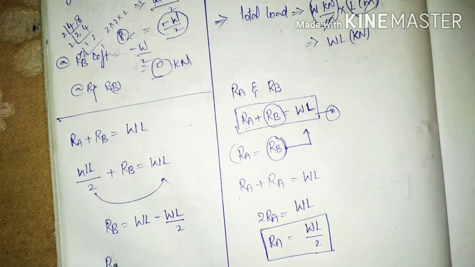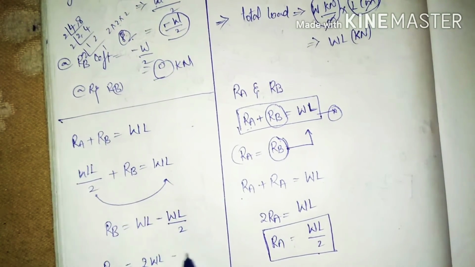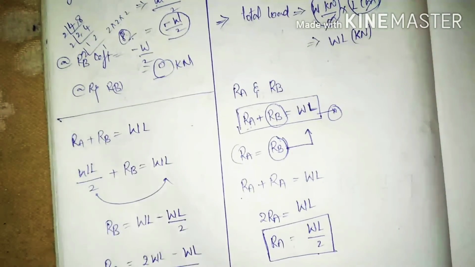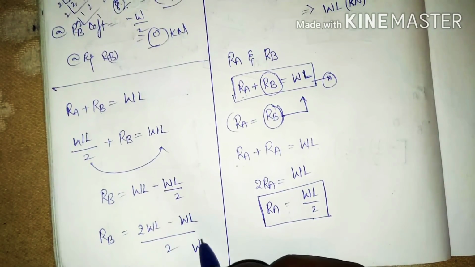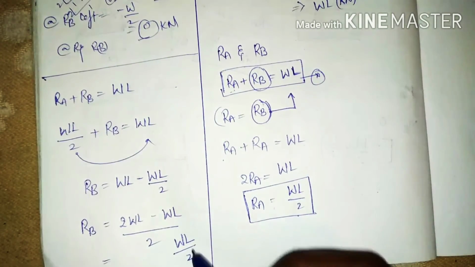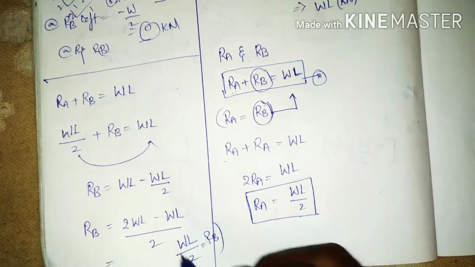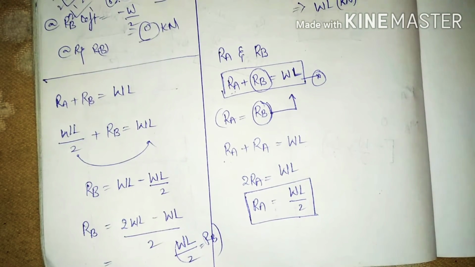After taking the LCM, 2WL minus WL by 2 is equal to WL by 2. RB is equal to WL by 2. We found the two reactions, RA and RB.